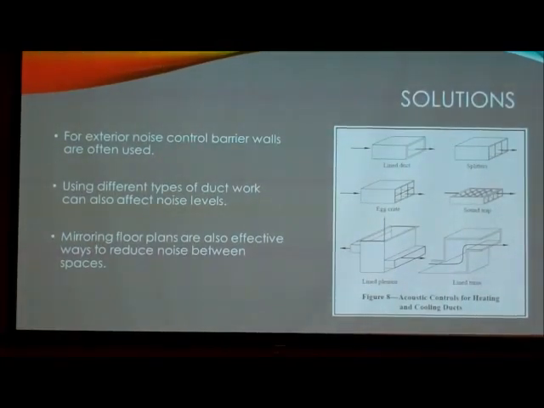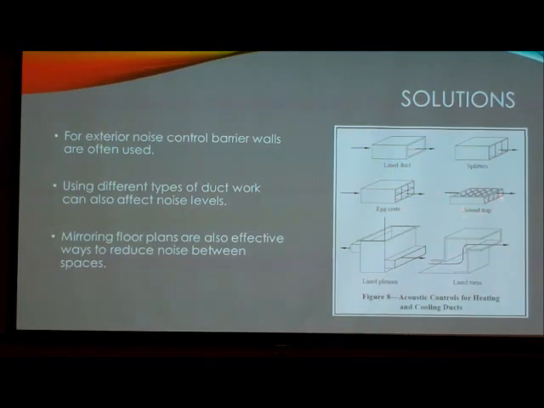Now for exterior noise, barrier walls are often used, so there's just going to be like giant concrete walls that run down the side of highways, or any kind of road that may be close to your building. And then using different types of ductwork is going to help for mechanical noise. And this is a chart that I found of just a couple of different ways that you could go about that.